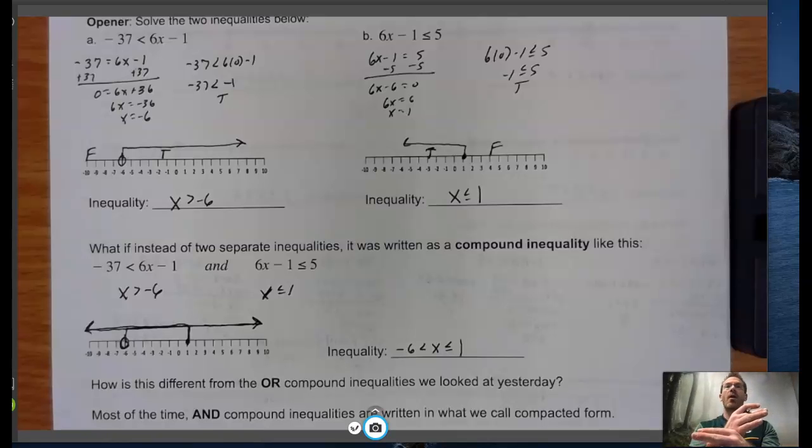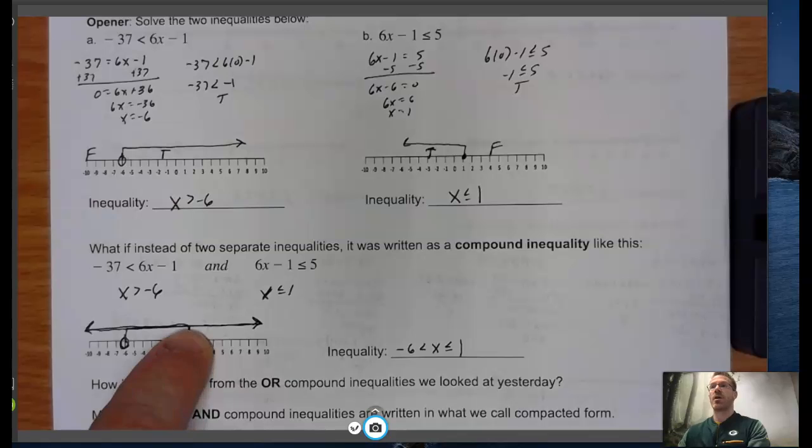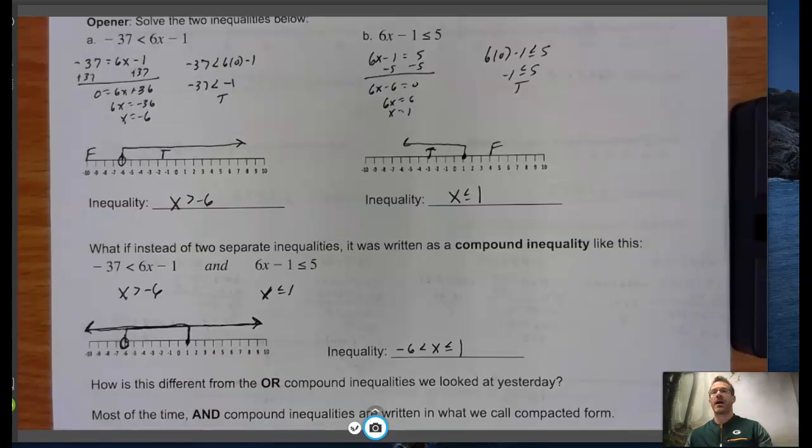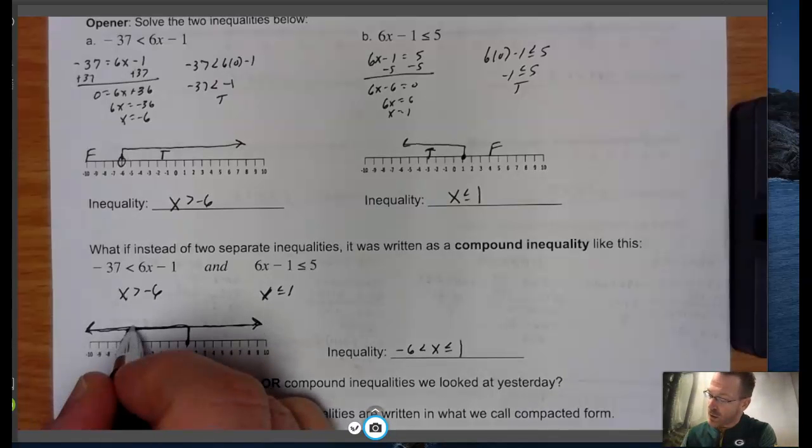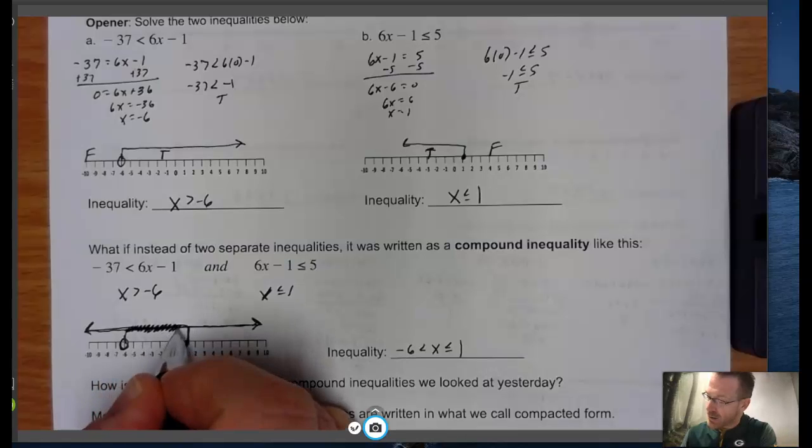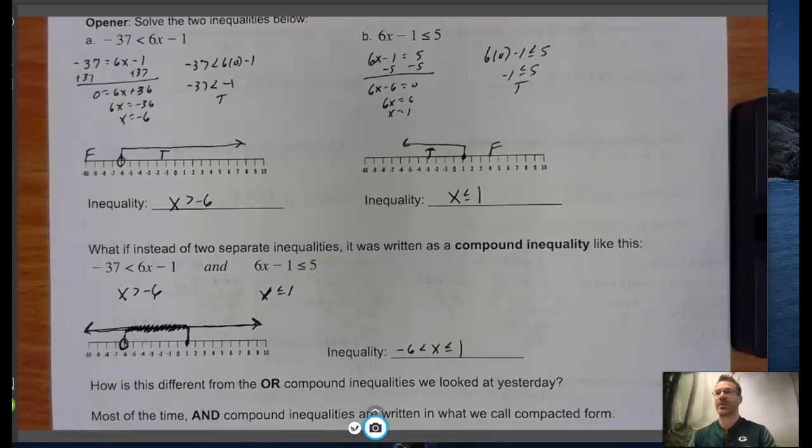That overlap was the true solution to our system of linear inequalities, and that's really what's happening with an AND. When we say AND, we need both things to be true. Where are both things true? Both things are true where they overlap.